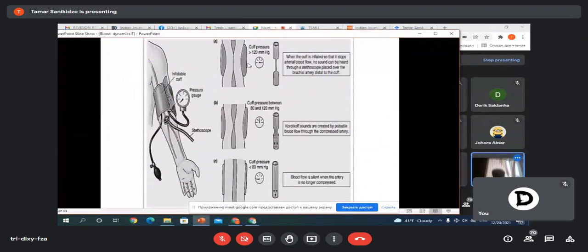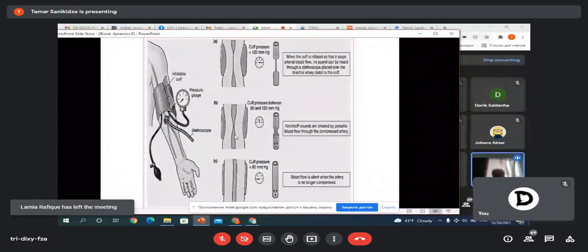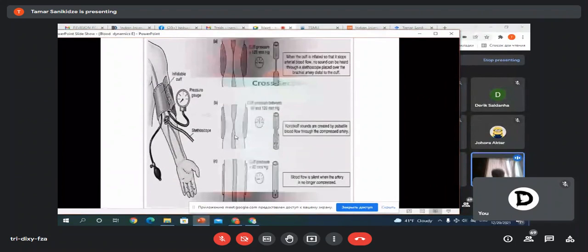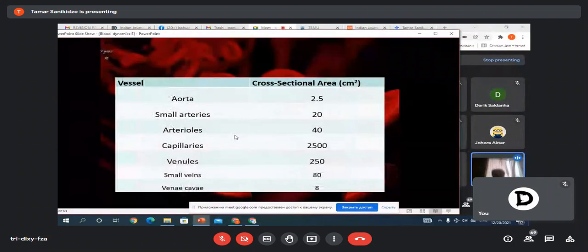With the decrease of the pressure, first a narrow thin flux of blood develops, which is turbulent, and the first sounds detected by the stethoscope will be the systolic and diastolic pressure, known as the Korotkov sounds. So as you see, the turbulent sounds are usually used for the detection of the pressure.